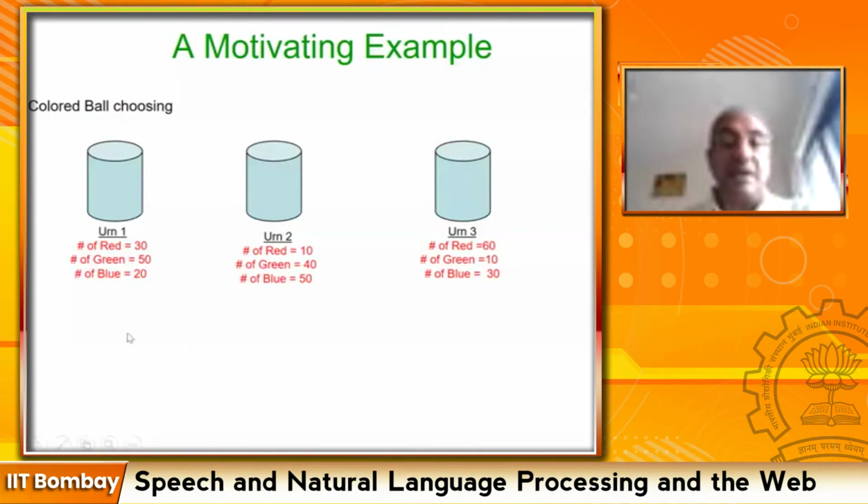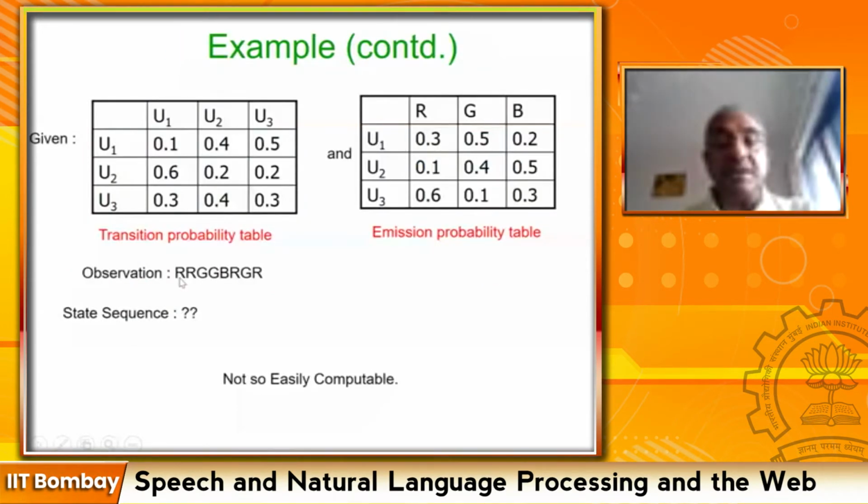So if I have an n ball sequence, RR, GG, BR, GR, red, red, green, green, blue, red, green, red. If this is the sequence, I want to know which arm did R come from, then the next R, then the next G, and so on.